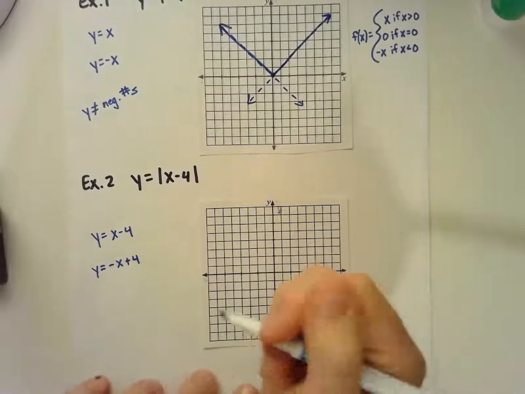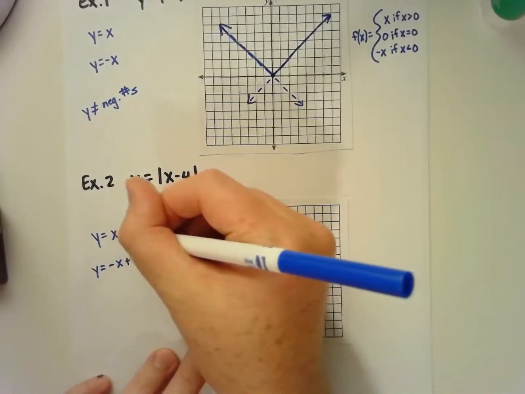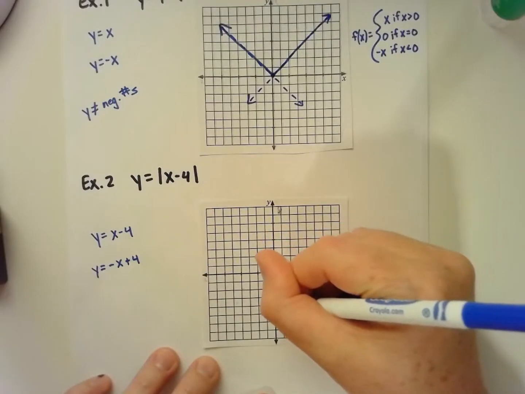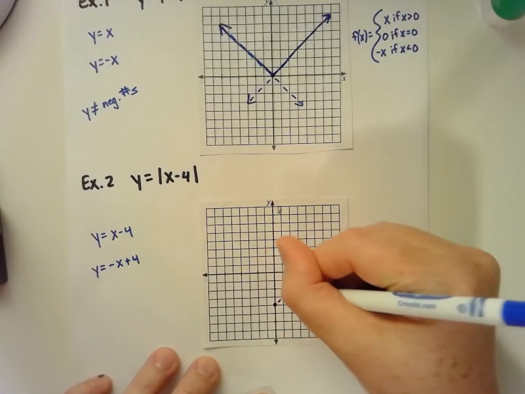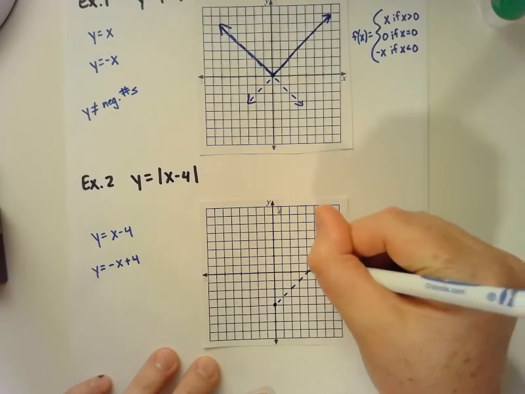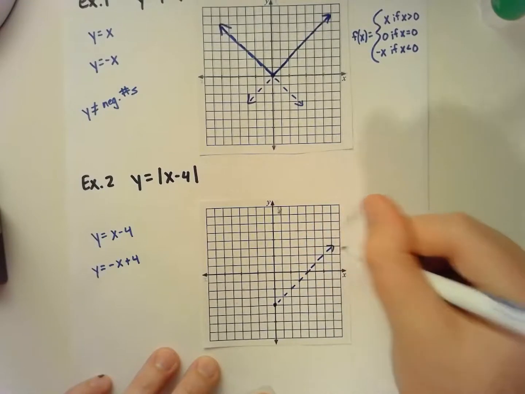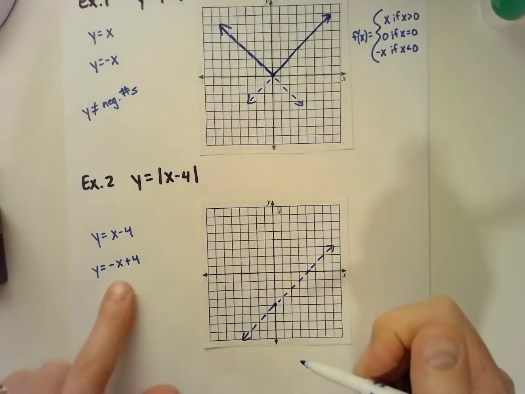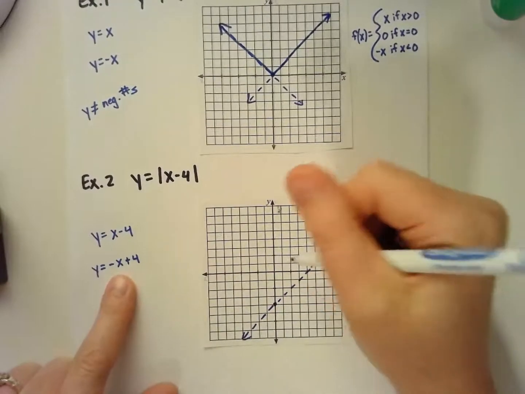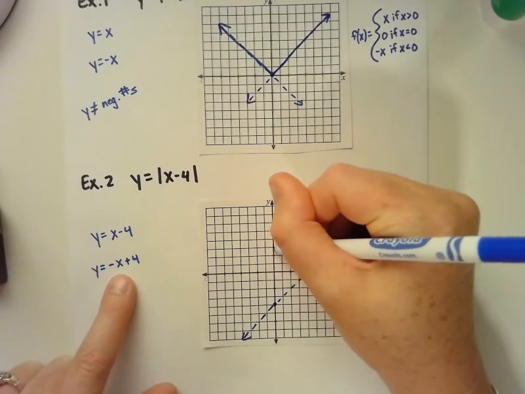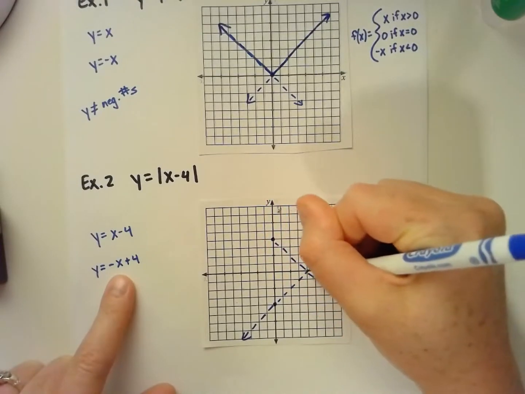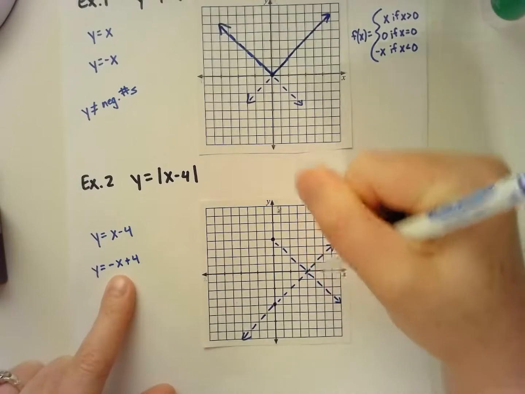So if we look at the graph of y equals x minus 4, we have a y-intercept of negative 4, and then it has a slope of 1. So it will look something like this. And then if we have the graph of negative x plus 4, we have a y-intercept at positive 4, and then it has a negative 1 for a slope. So it looks something like this.